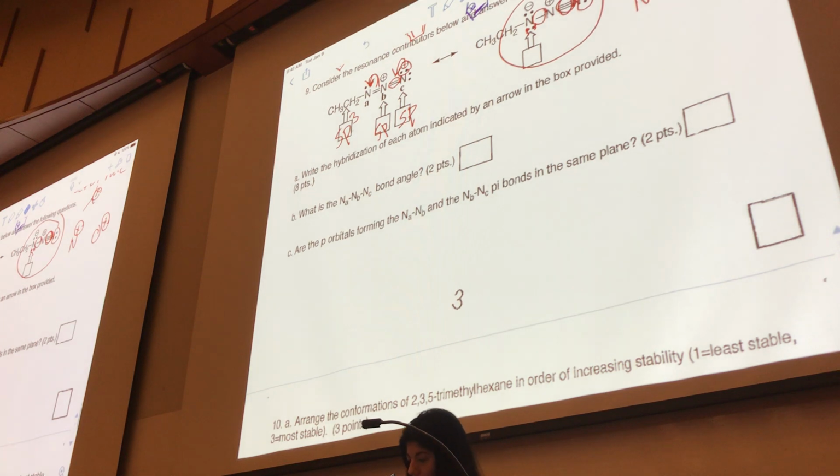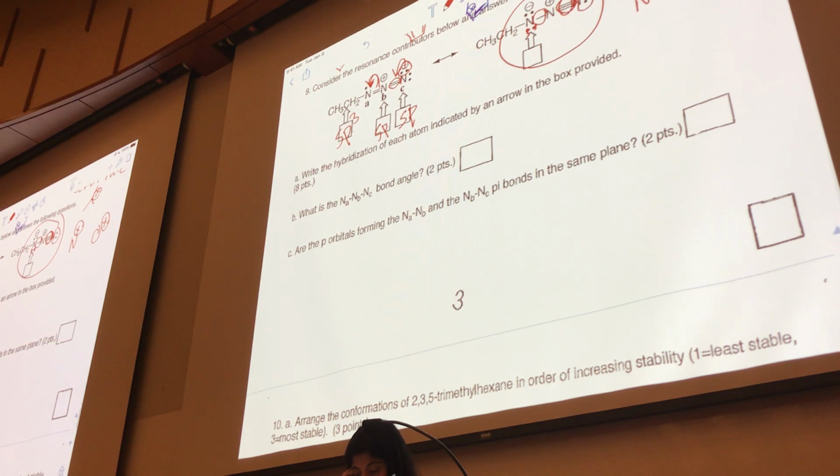That looks good. And now let's look forward to the nitrogen over here, and let's count it. So here it has 1, 2, 3, 4. So that would lead me to believe that this is sp3. However, let's go back and look at our other resonance structure and see how many electron groups that we have. We have 1, 2, 3.